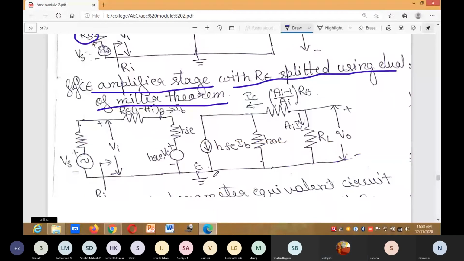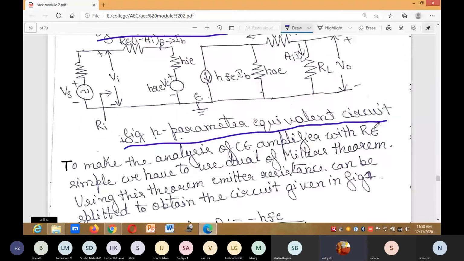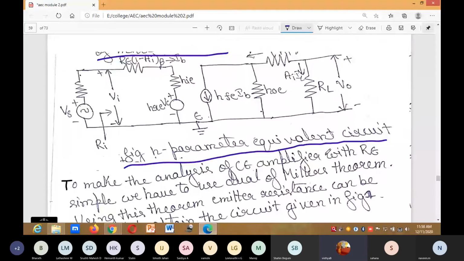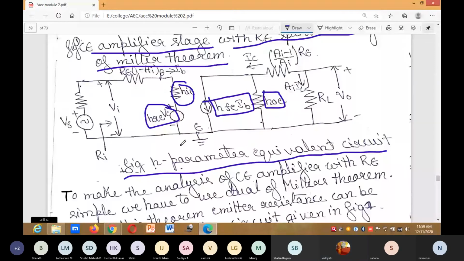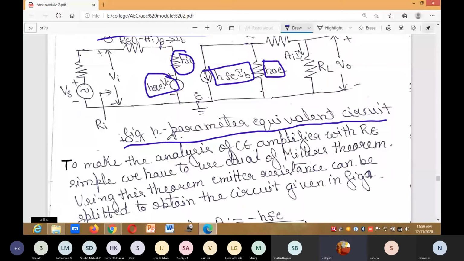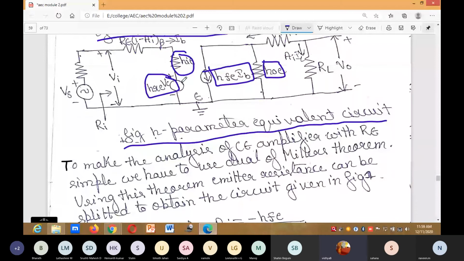Figure: H parameter equivalent circuit. We have added H parameters. You can observe here HIE, HRE into VC, HFE into IB, and HOE, because it is common emitter.